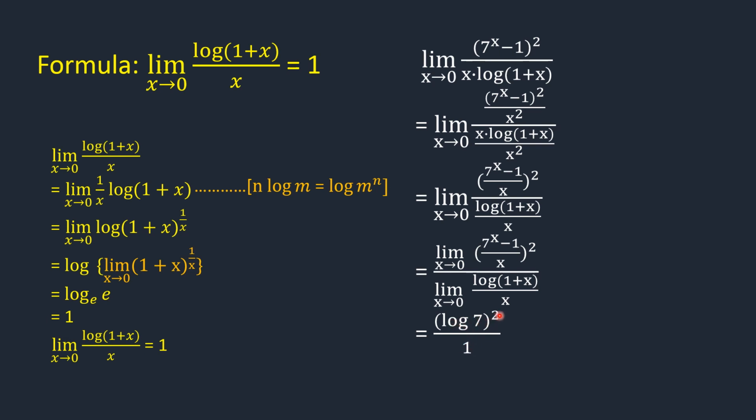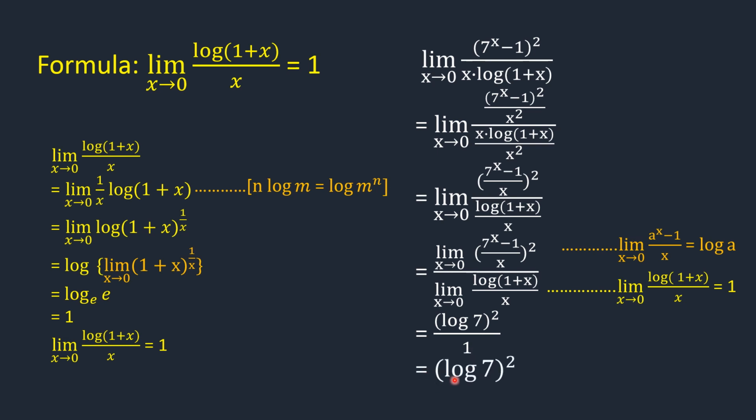Now this log 7 whole square will be, according to the formula, limit a to the power x minus 1 over x as x approaches 0 equals log a, and the limit in the denominator will be according to limit log 1 plus x over x as x approaches 0 equals 1. Therefore, finally we get log 7 whole square as the final answer.